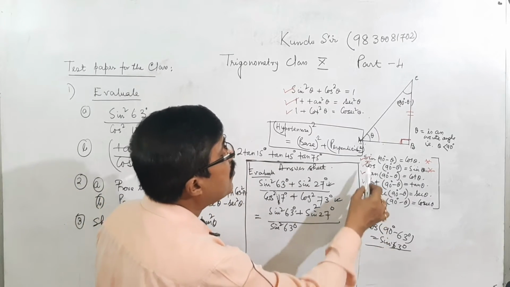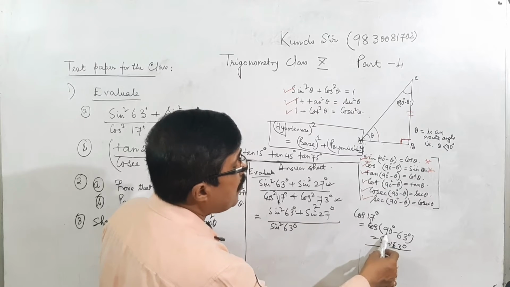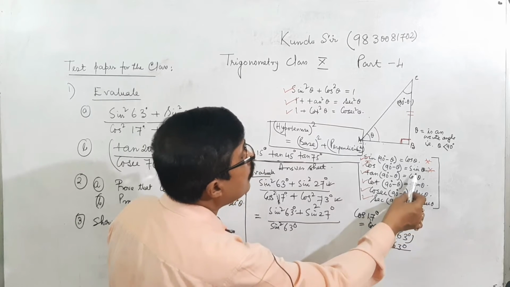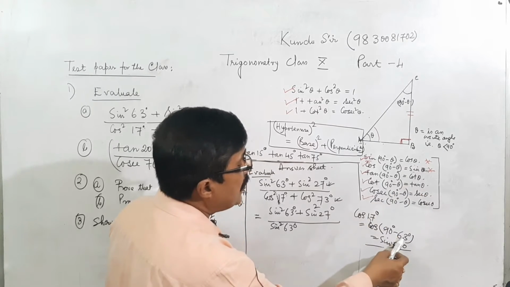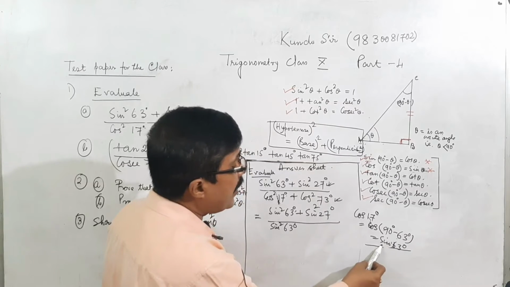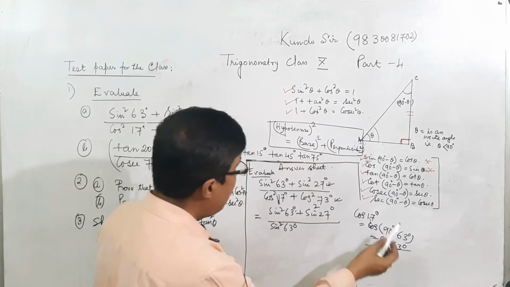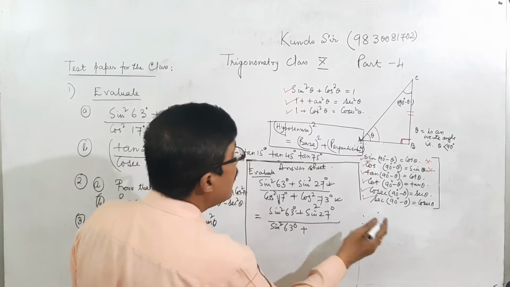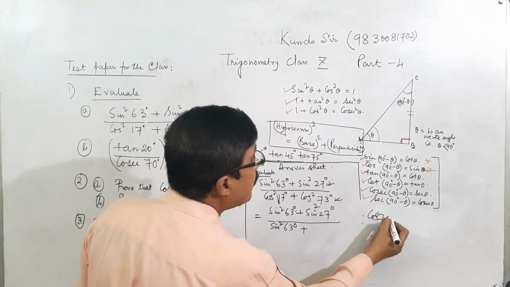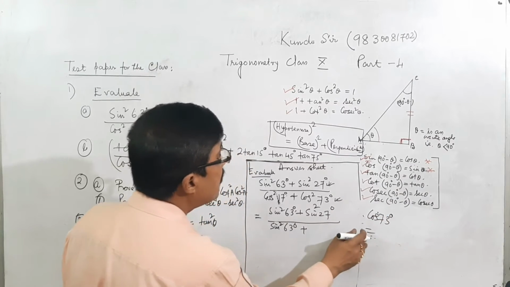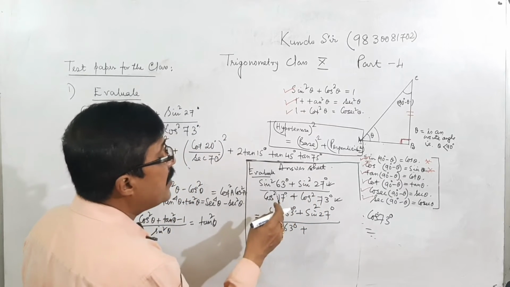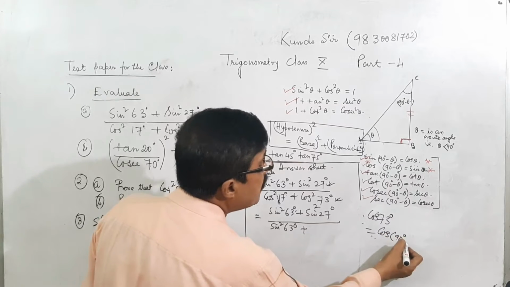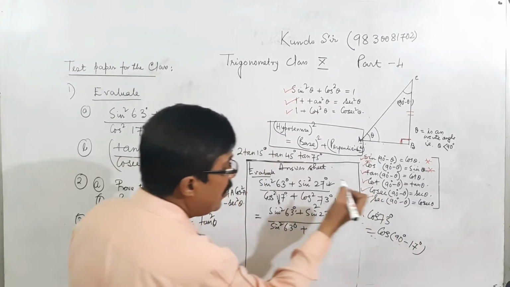Once again I am explaining. Cos 17 degree can be written as cos 90 degree minus 63 degree. Cos 90 degree minus theta equals sin theta, with theta equal to 63 degree. So we are writing here 63 degree. Next, I am writing cos 73 degree can be written as cos 90 degree minus 17 degree.